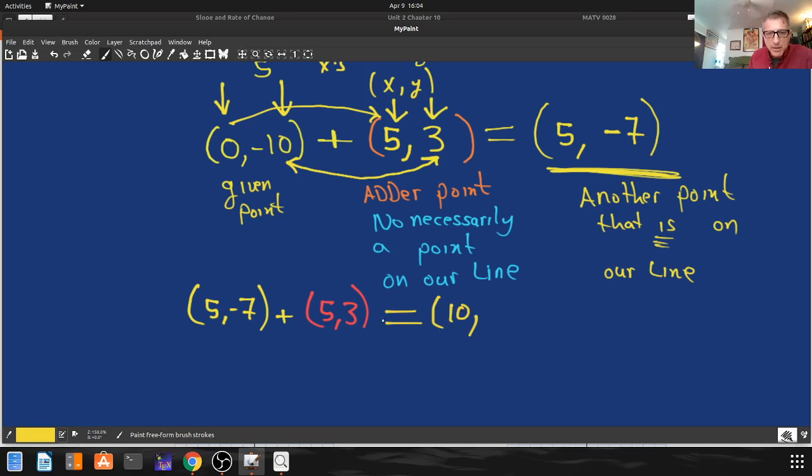Minus 7 plus 3 is minus 4. So now I have 3 points on my line. My y-intercept, another point, and another point. So we're going to use both of those methods to do these exercises.